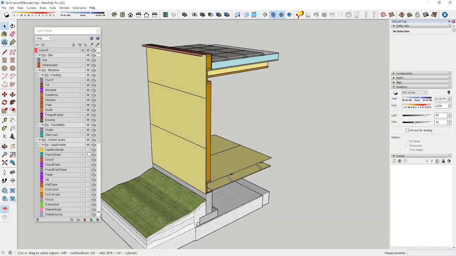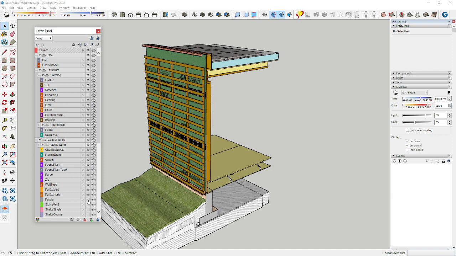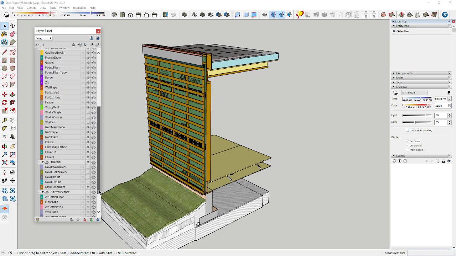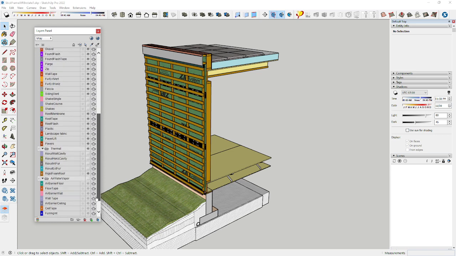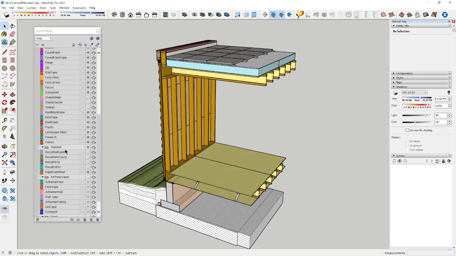And then there's a bunch of layers, control layers, but the ones that are going to be dealing with heat are thermal. So I've got insulation in the wall cavity.